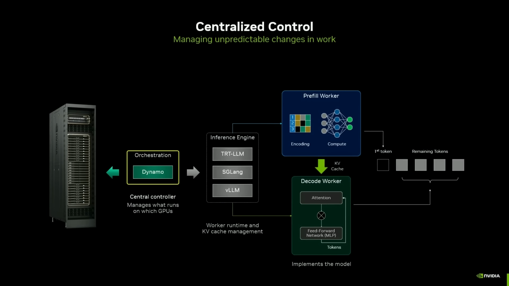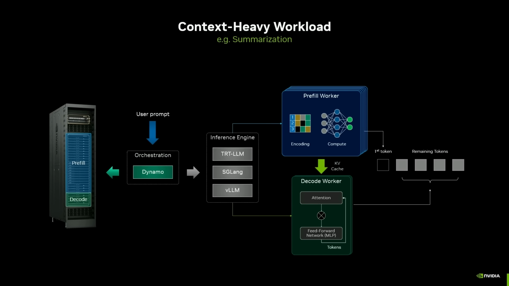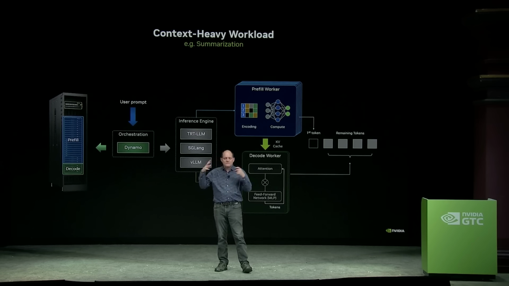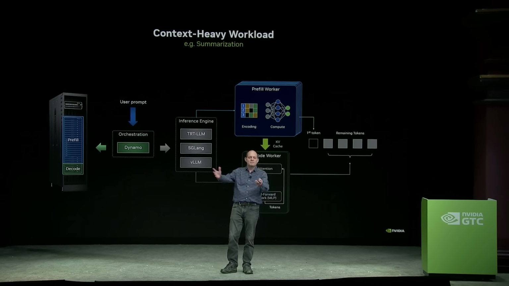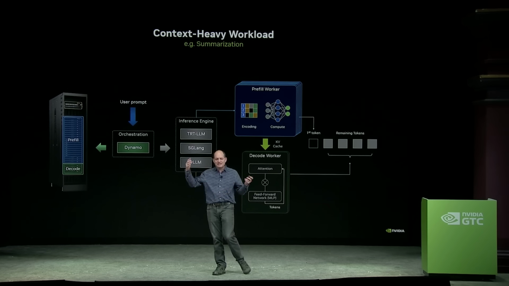Its job is central control. Its job is to manage what runs where and to do it dynamically. It's going to spin up these inference engines that are going to run pre-fill workers and decode workers, and all of these things are going to be delicately choreographed together. What's interesting is that exactly how this gets orchestrated depends on the workload. If I've got a very context-heavy workload, if someone says, here is Wikipedia, summarize it for me, that's a massive amount of data.